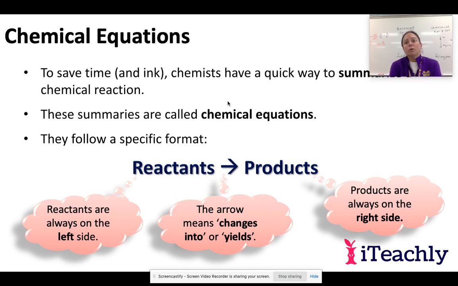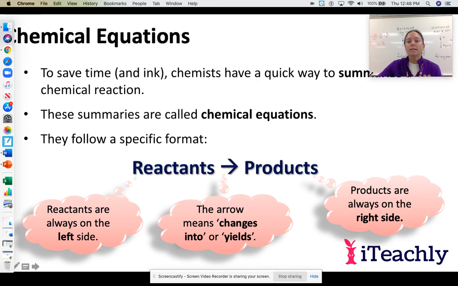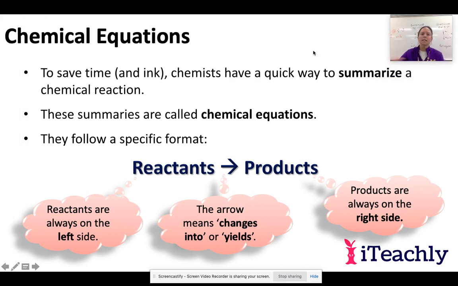So in order to save time, and it's easier to do it this way, we write this in a chemical formula, and it's just a summary or a description of what's happening on a molecular level. So again, when we write this, on the left side is your reactants, and then we use this arrow, and that's yields, and then the right side is the products.